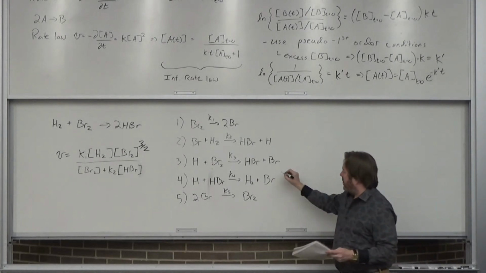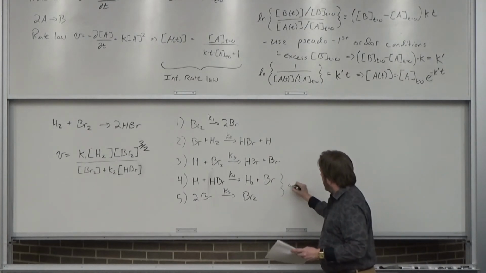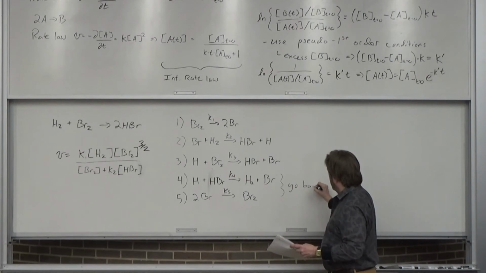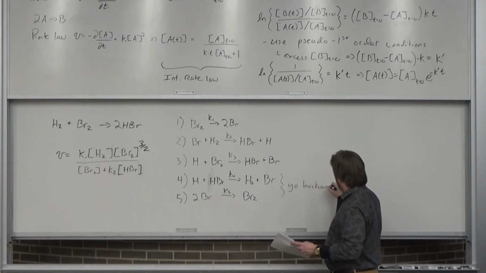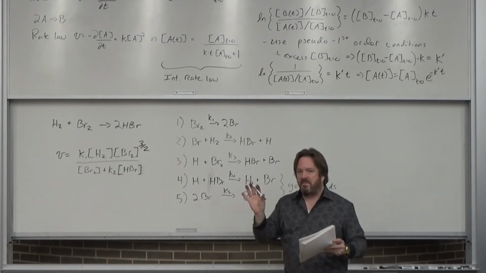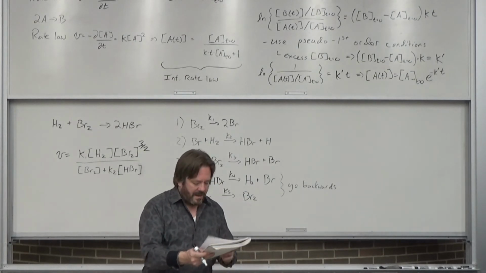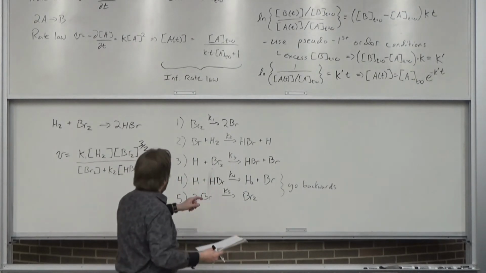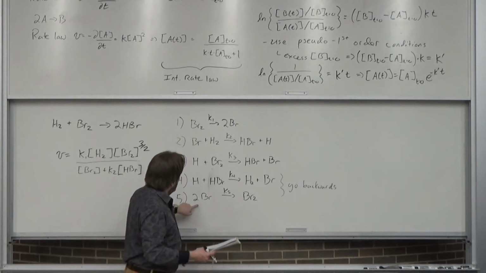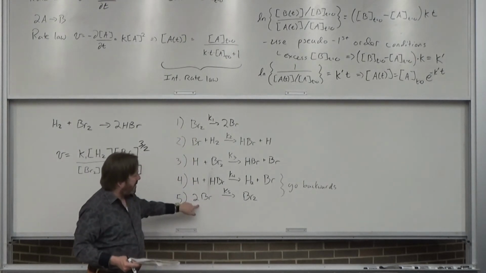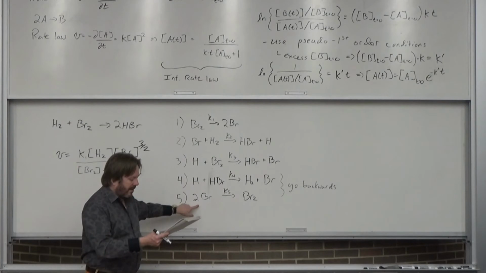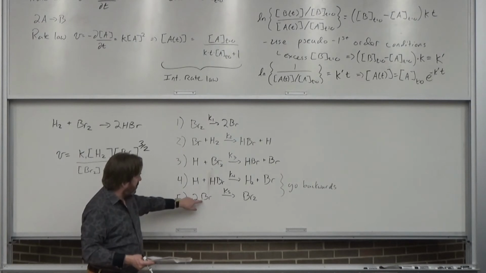And so these are going backward. And that's not good, right? We don't want those. Now notice that this one and this one, I would refer to as unimolecular. Actually, this would not be unimolecular. 2 bromines.